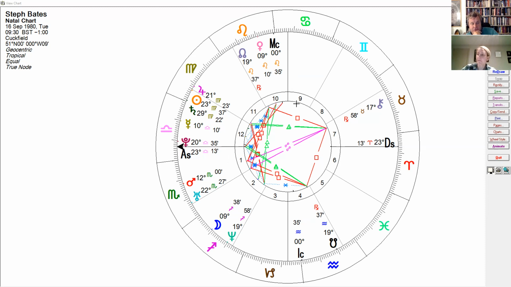And have a look in your chart, you're a perfect example of having an emphasis in one hemisphere. As you can see, you've only got the South Node and Chiron on one half of the chart. That's a very clear example of a strong emphasis on houses 10, 11, 12, 1, 2, 3, so the eastern hemisphere.